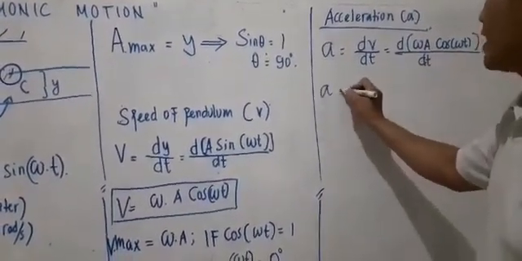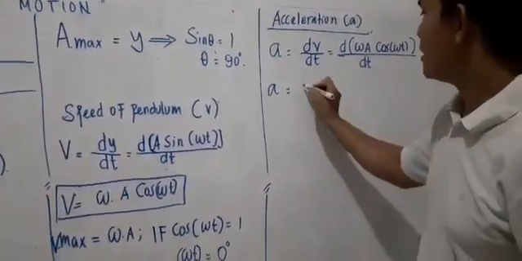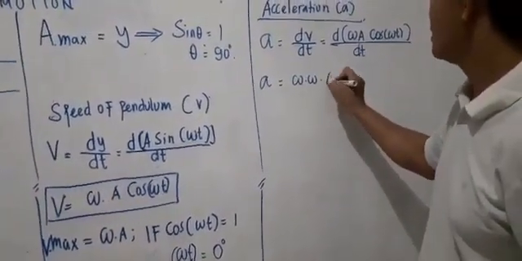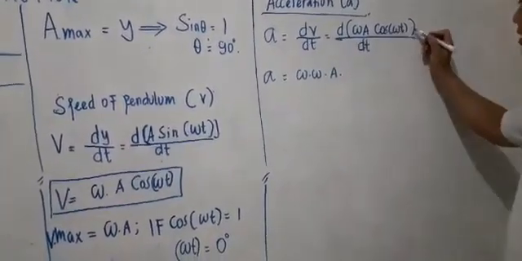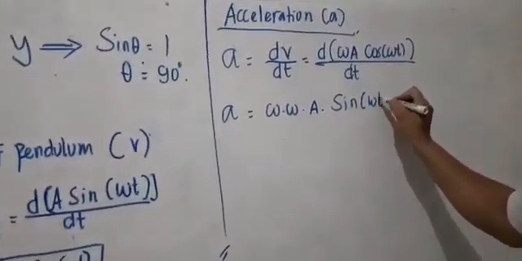The differential of cos omega t is minus sin omega t.